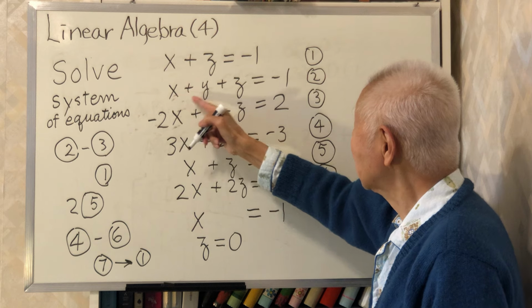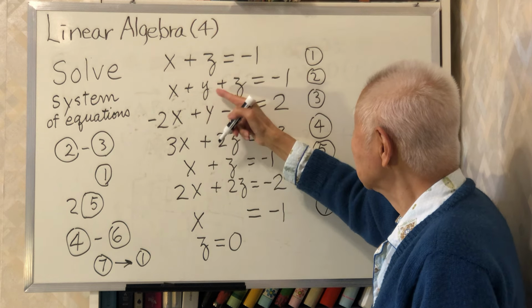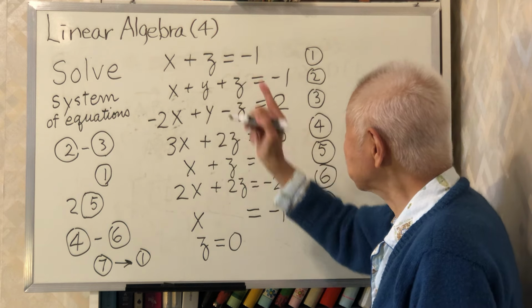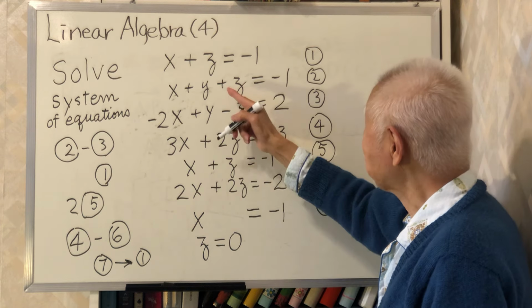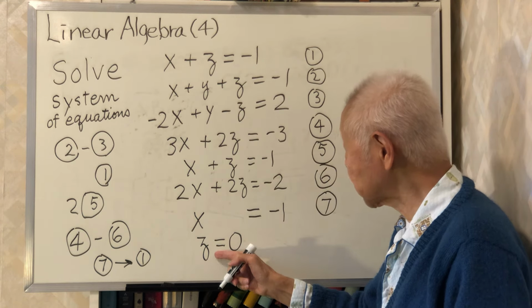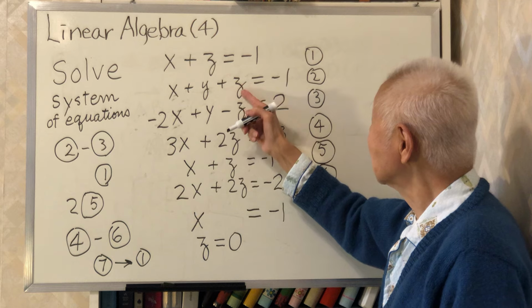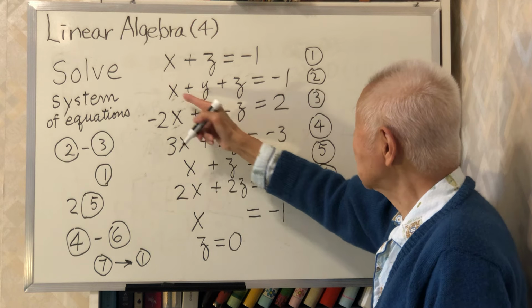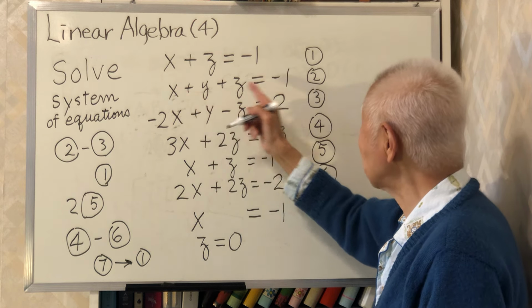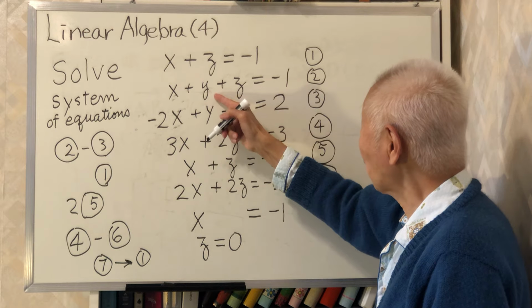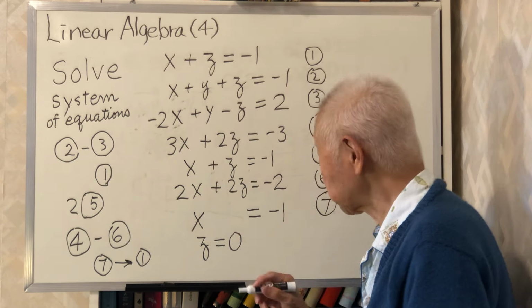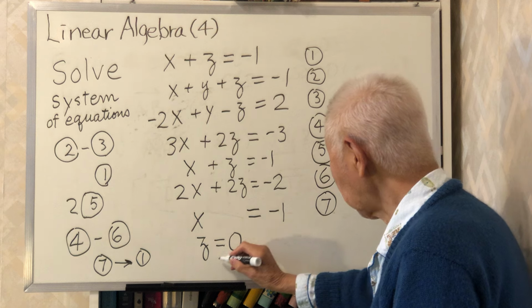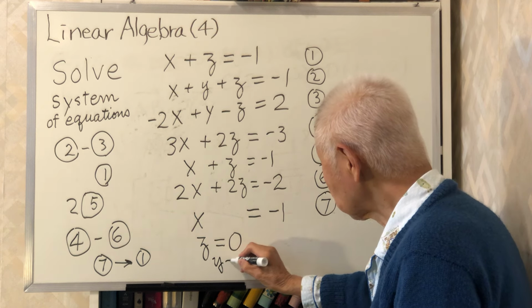So these two terms should be 0, right? But I already have z is 0. So x plus y, negative 1 plus y equals negative 1. So y has to be 0 as well. So I have y equals 0.